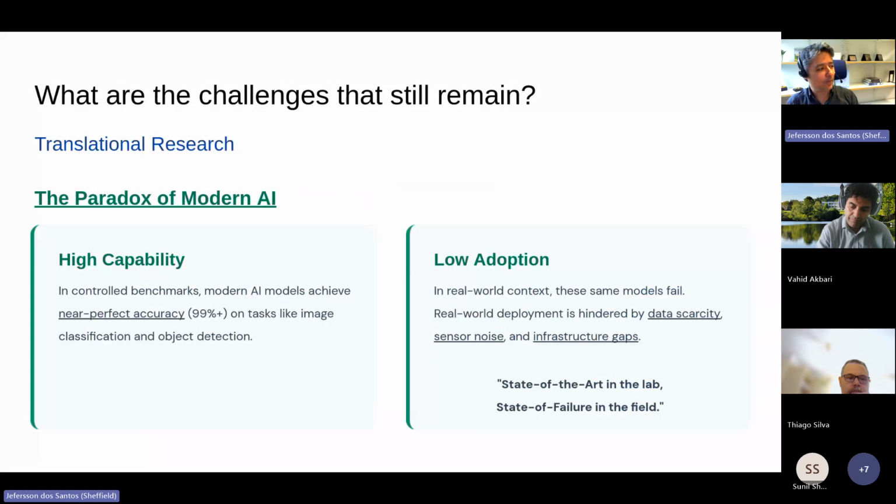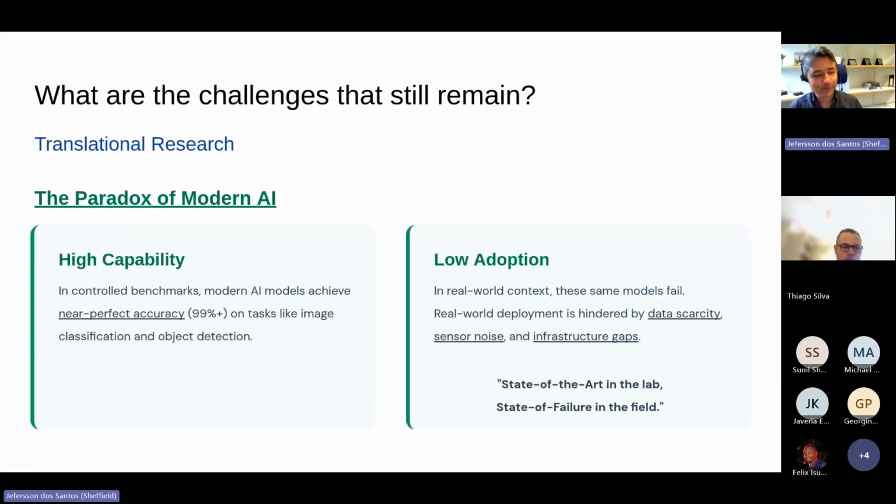Especially when we talk about translational research. There is a paradox in modern artificial intelligence: we have a high capability. In benchmarks, if you test the algorithms, they will work very well. For some applications, you can reach 99% accuracy. That's great.